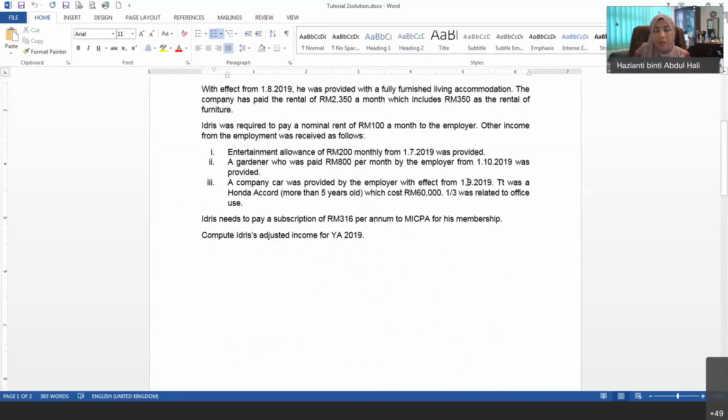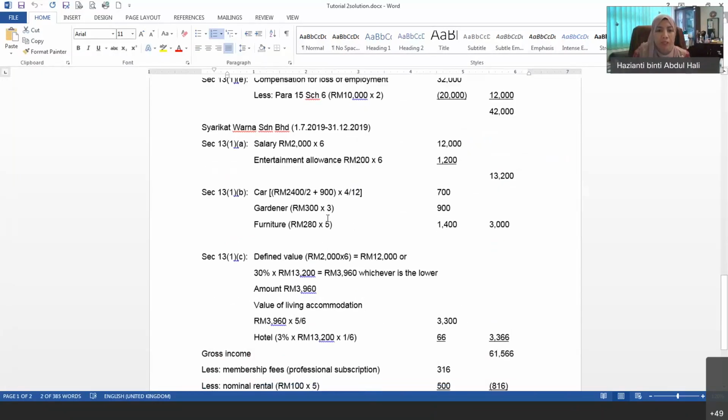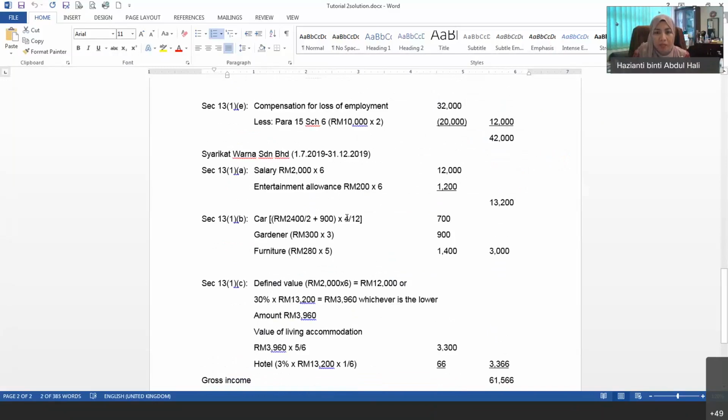He joined the company in July, but gets the car in September. Notice the date is very important. The entertainment allowance he gets from July, the gardener from October, and the car with effect from September. So the months are different, so be careful with the dates. Car for 4 months, gardener for 3 months.